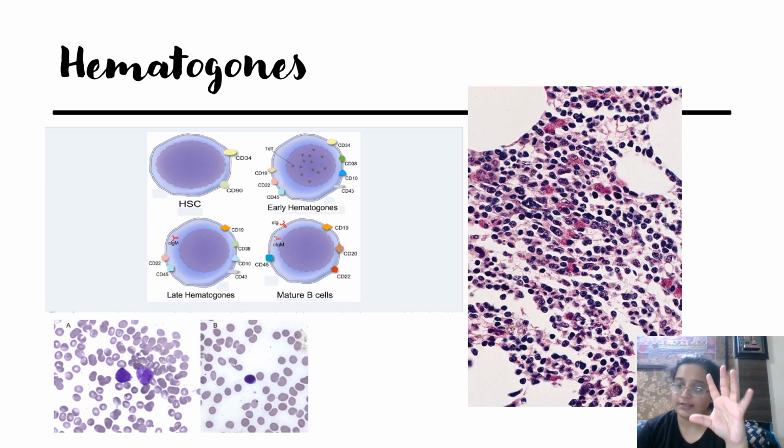They have high NC ratio, very little cytoplasm. You can see this, and very rarely they can come out in the peripheral smear and mimic blasts again. Commonly seen in B-ALL in children, and very commonly in neonatal marrow because the marrow is still growing and generating.